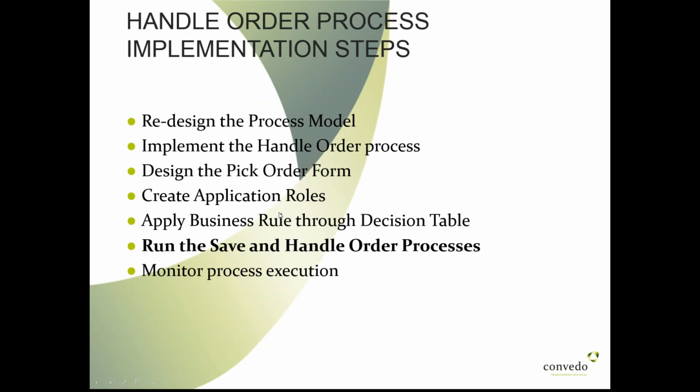Then you also saw how I created the relevant application roles and associated that to the different steps, in this case by means of a swim lane to clearly show the responsibilities.